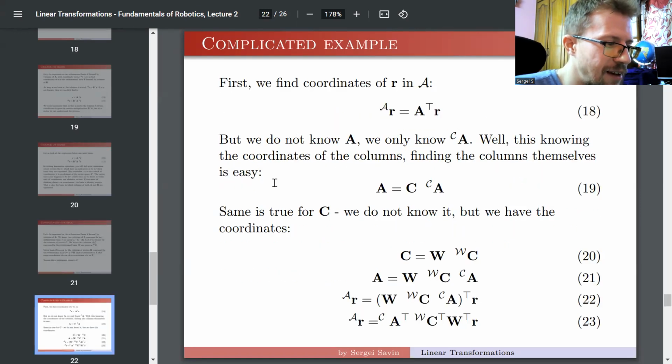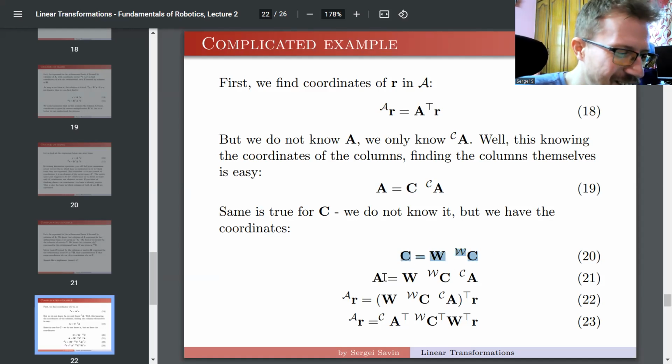So C is given by coordinates C sub omega in terms of some basis omega. We don't know what omega is, of course, but we'll just leave it for now. So we know that C is equal to omega times C sub omega, for the same reason as here. Those two are the same equation, just applied to different coordinate transformations.